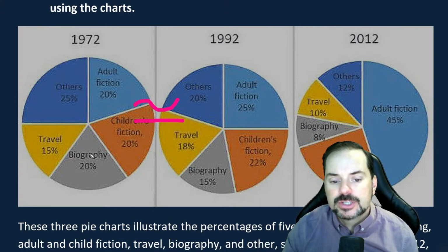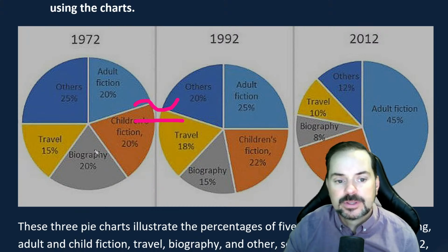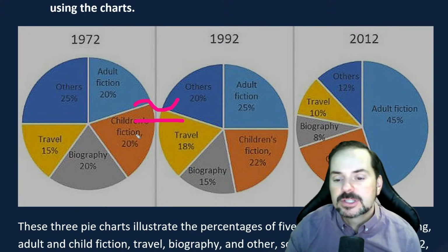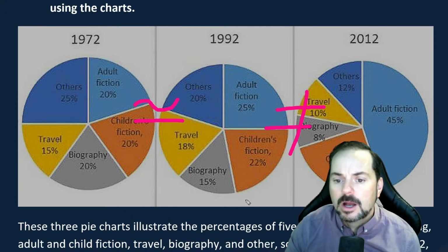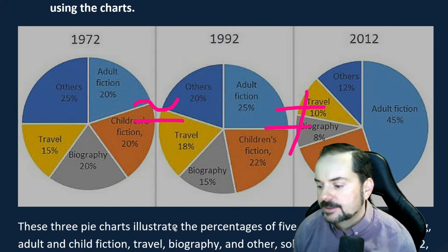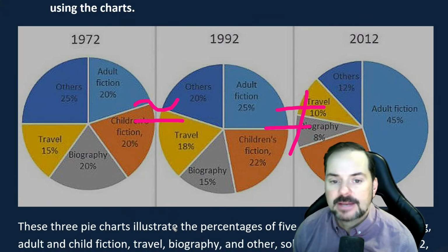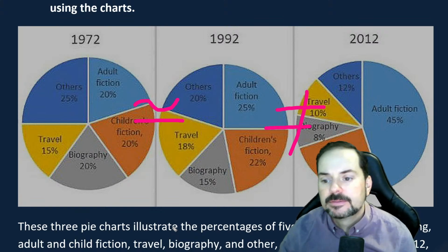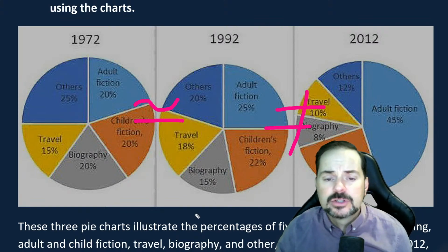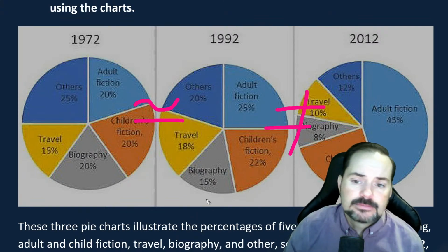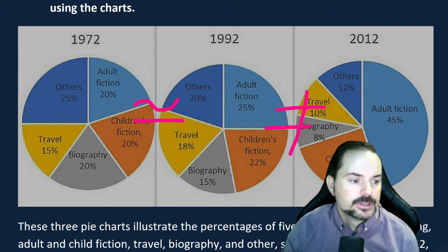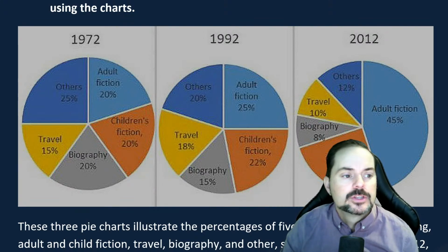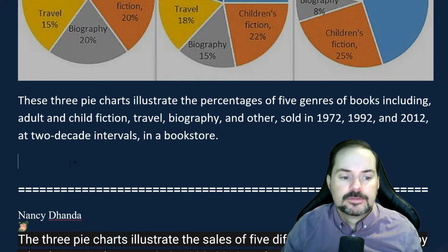So the proportions are relatively similar with some changes, but they're slight changes. And then here, it's different, right? Does everybody see that? So 1972 and 1992 are relatively the same. And in 2012, it's a fair bit different. Okay? So that's what I'm going to write for my overview.